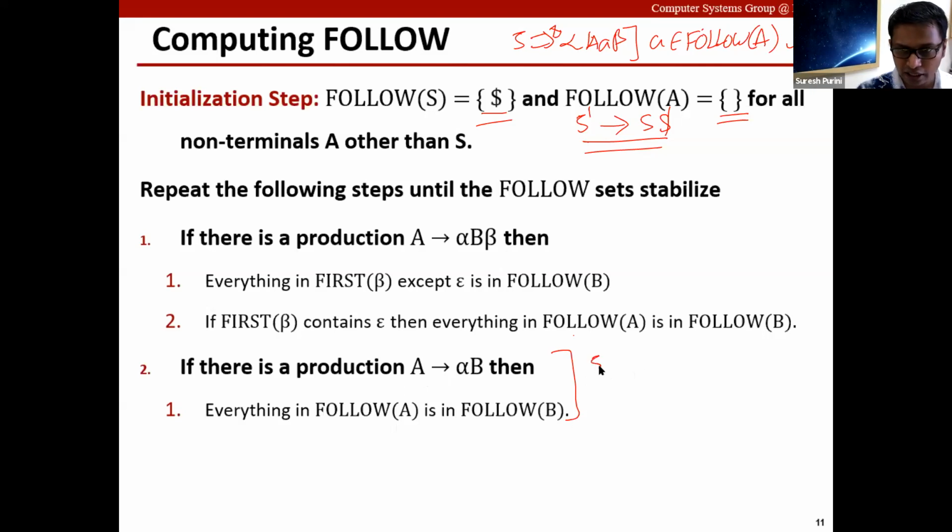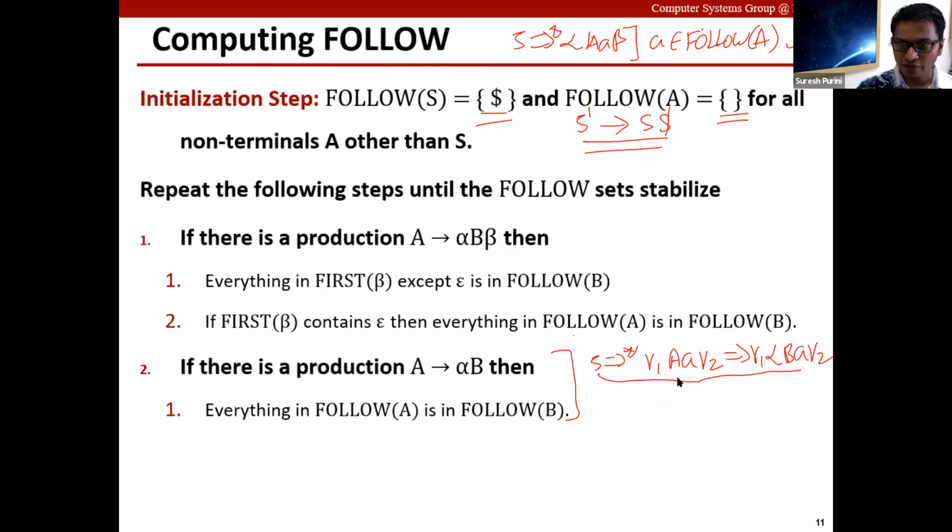Let's say starting from S, in 0 or more steps, we are able to generate an intermediate form like this. So what this means is the terminal symbol a is present in the follow set of A. But then we have the substitution rule A goes to alpha B, so we get gamma 1 alpha B, a, gamma 2.